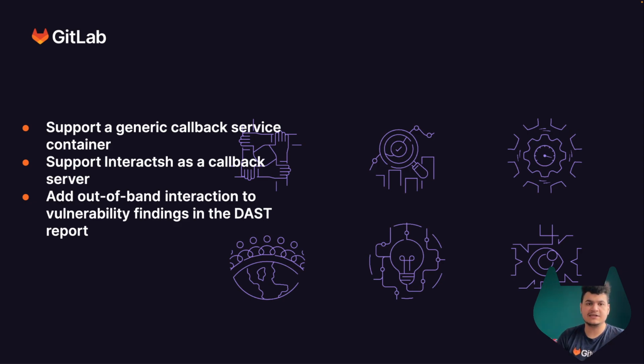For out-of-band interaction, in my previous showcase, I went over using nuclei, where I was able to use the nuclei interact.sh interaction and then append those details into the vulnerability reports using the generic report schema. Well, I've now moved that natively into our own DAST engine, where I'm actually appending that interaction details, whether it comes from interact.sh or whether it comes from another callback server.